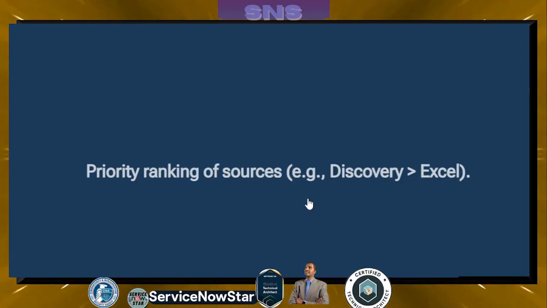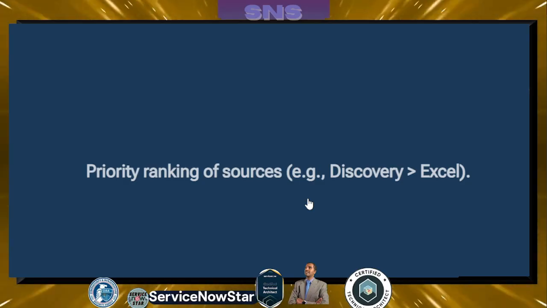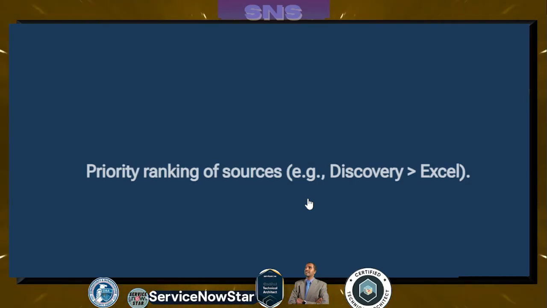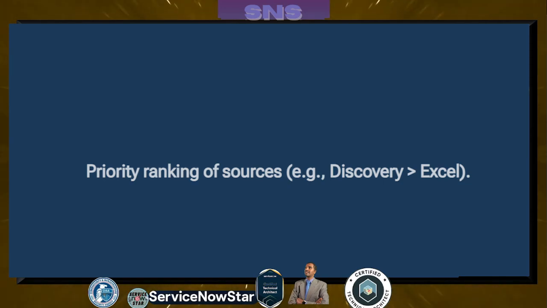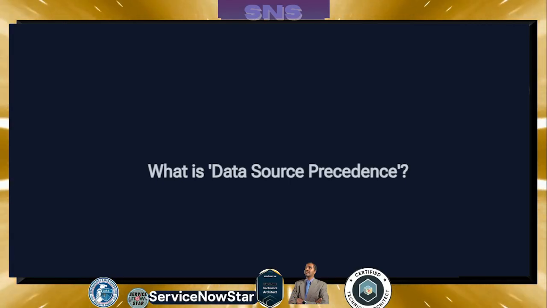In this case, we are making discovery a higher precedence than Excel, which means discovery data has a higher priority than the Excel data, which is manual data. So that's what precedence in ServiceNow stands for. I'm going to move on.